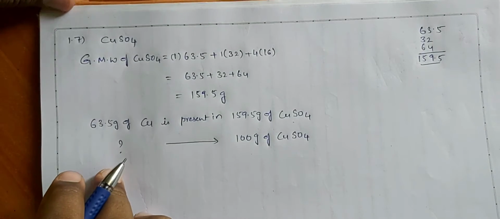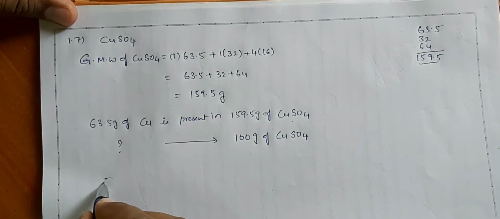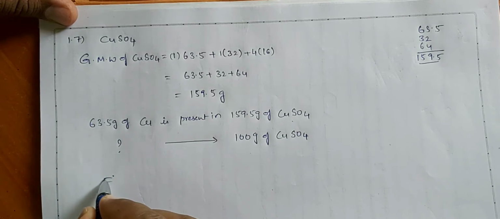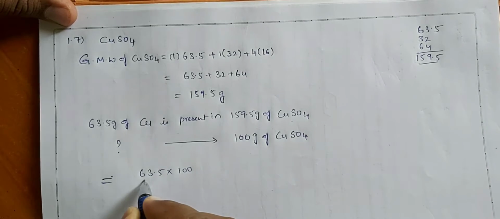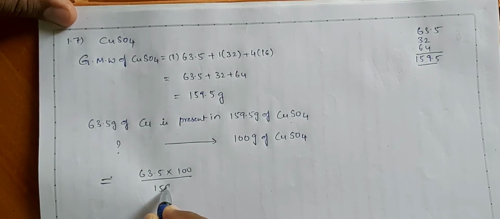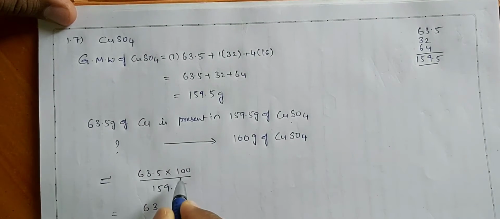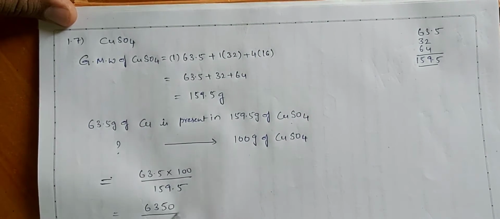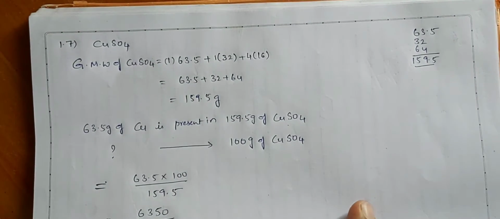That is the question mark here. These two must be cross multiplied, divided by 159.5. This is equal to 63.5 into 100 divided by 159.5, which is 6350 divided by 159.5.